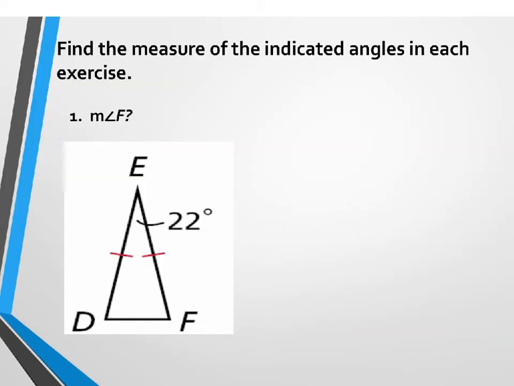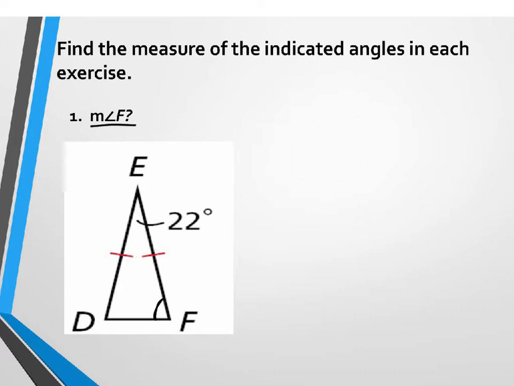Alright, on these next 3 exercises, we're going to find the indicated measurement, and we're going to begin using those theorems that we just learned about. Using those theorems, we're going to find the measurement of angle F, which is right here. We know this triangle is an isosceles triangle, which is stated by these little tick marks showing these two sides are congruent.